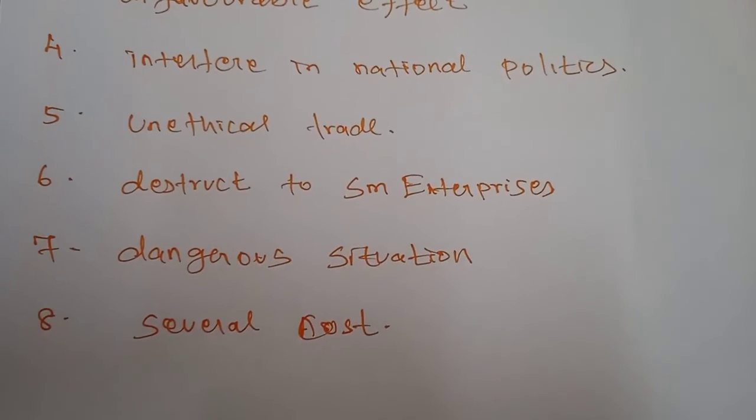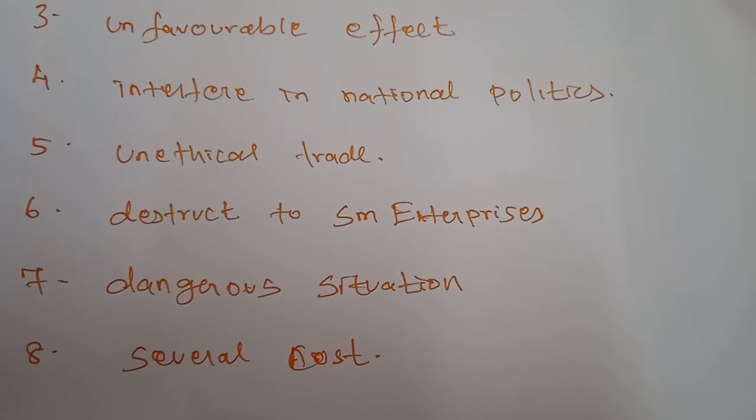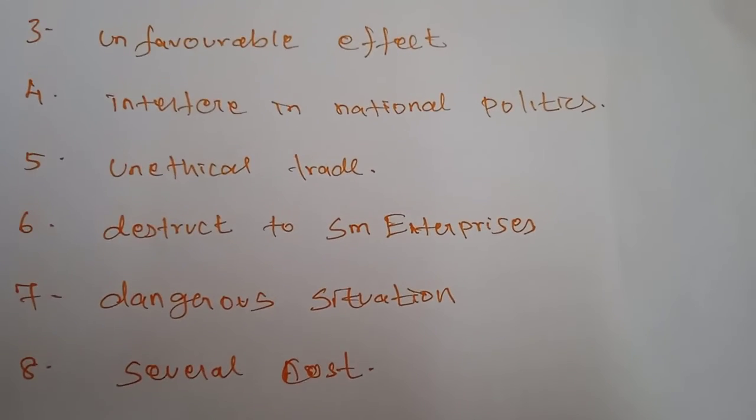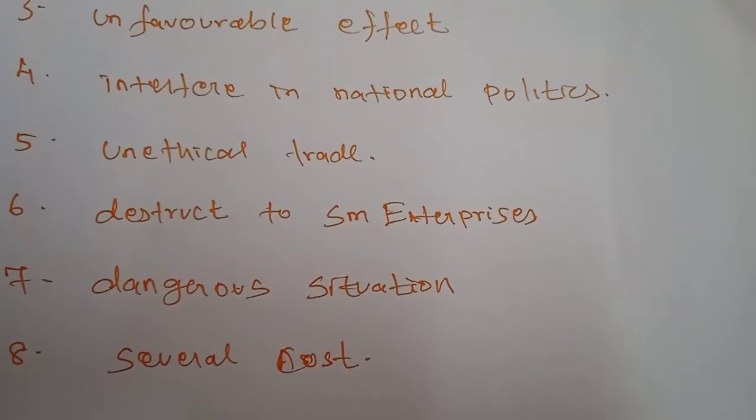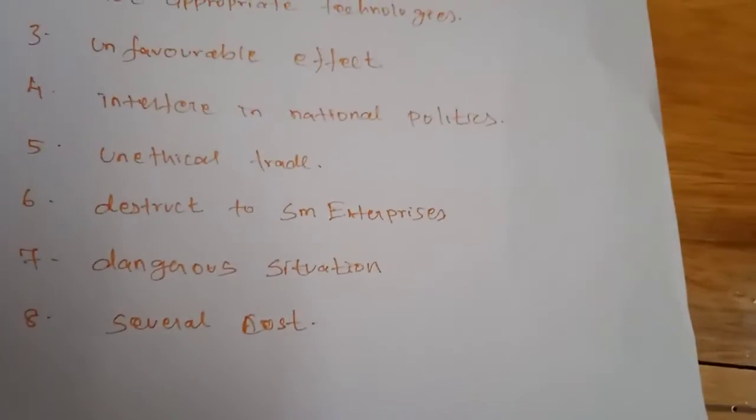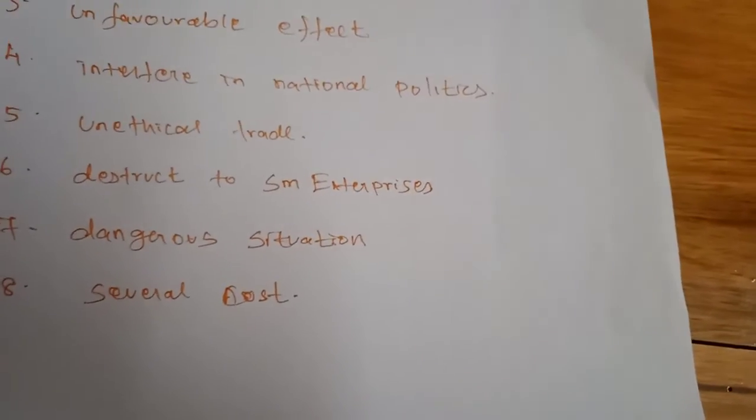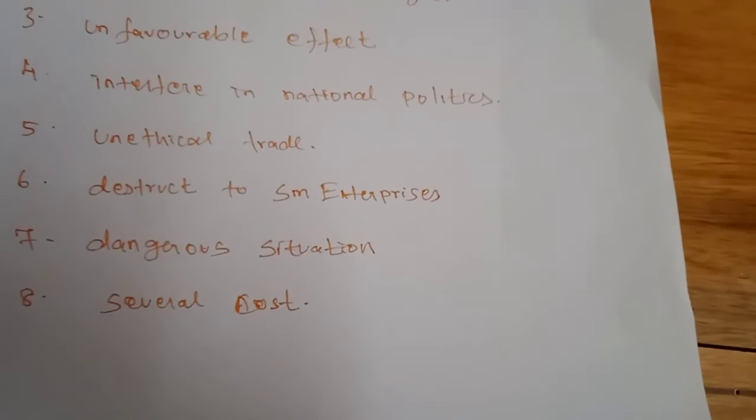Next, unethical trade. Foreign investors sometimes engage in unfair and unethical trade practices. So even if you are allowing foreign direct investment, foreign investors may engage in some unethical trade.